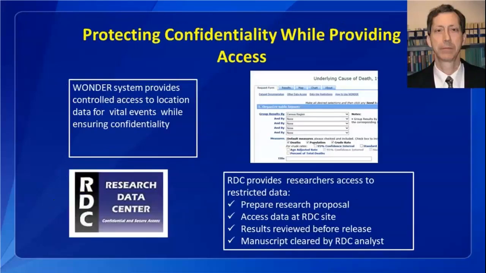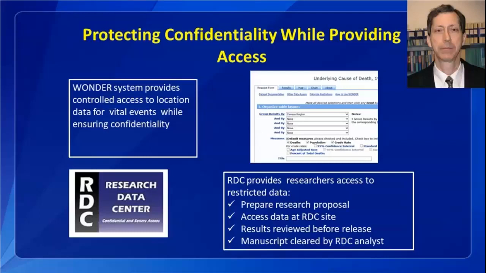There are a couple of ways in which we try to enhance the availability of data while still ensuring confidentiality. The first of these is what's called the Wonder system, which is available on the CDC website. For the National Center for Health Statistics, this concerns access to our vital statistics data on births and deaths.